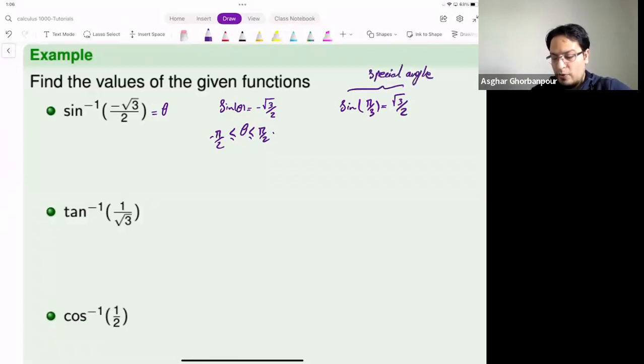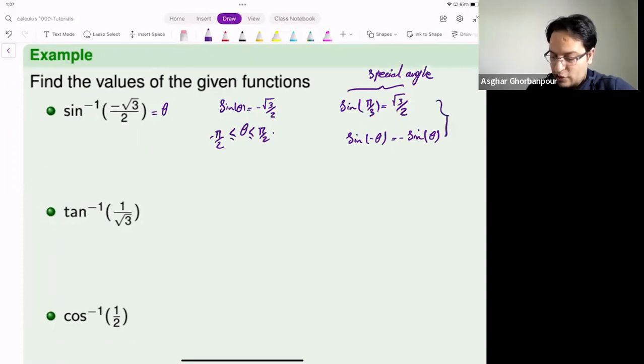I also know that sine is an odd function. So it means that when you multiply the input by negative, the negative will be multiplied to the outcome.